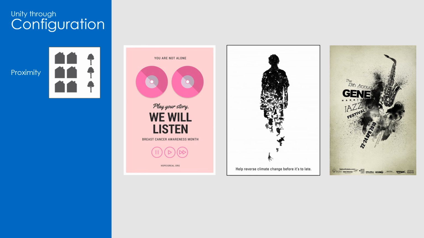All right, let's look at unity through configuration. So configuration is one of the Gestalt principles. It kind of has to do with when your brain helps you either see faces in the clouds or, you know, that a crack in the sidewalk is smiling at you.